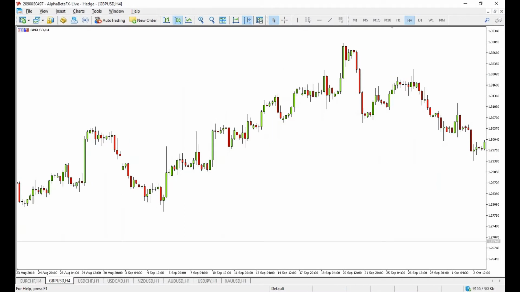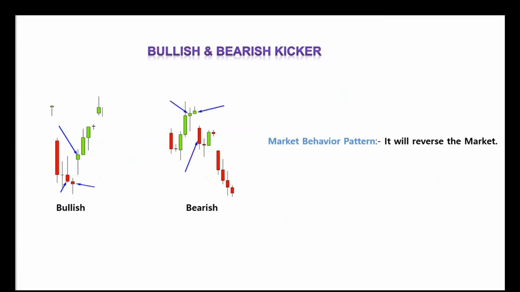Now we'll go further with a different candlestick pattern, which is the bullish and bearish kicker. The kicker is generated more in stocks or indexes where the market has many gaps. In the forex market, gaps are generated only over the weekend, when the market closes on Friday and opens again on Monday. Apart from that, there are no such gaps in the forex market.